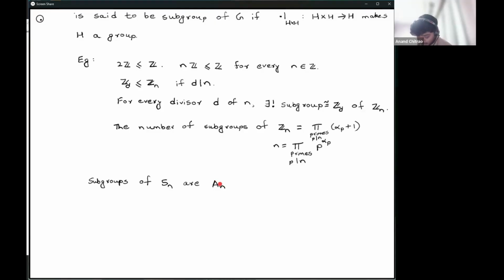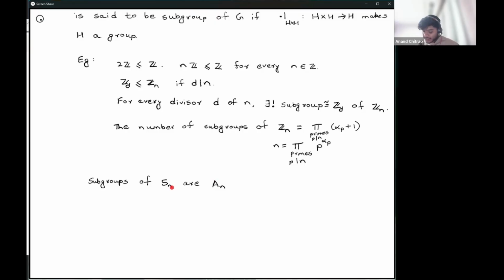Every element of Sn can be written as a product of disjoint cycles, but one can do better. Every element of Sn can be written as a product of two cycles. They won't be disjoint anymore, but they are called transpositions.